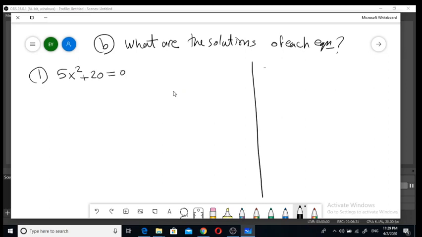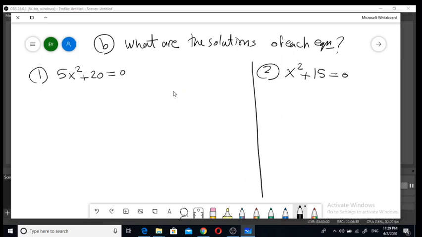And 2, the equation x squared plus 15 equal to 0. Then how can we find the solution of each equation? For number 1, how can we find the solution of this equation? 5x squared plus 20 equal to 0.